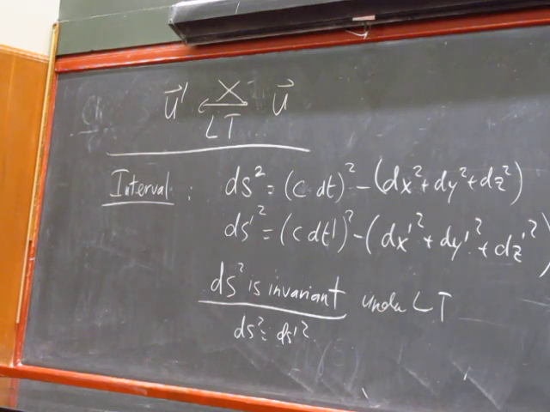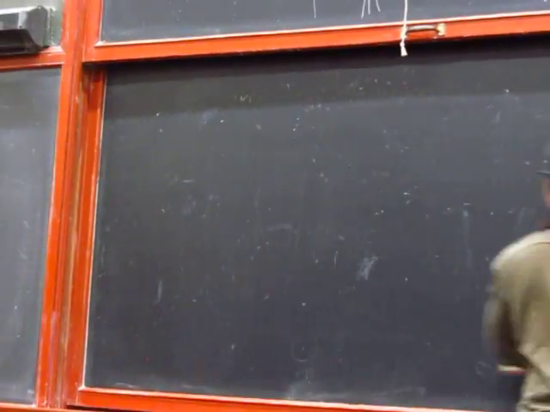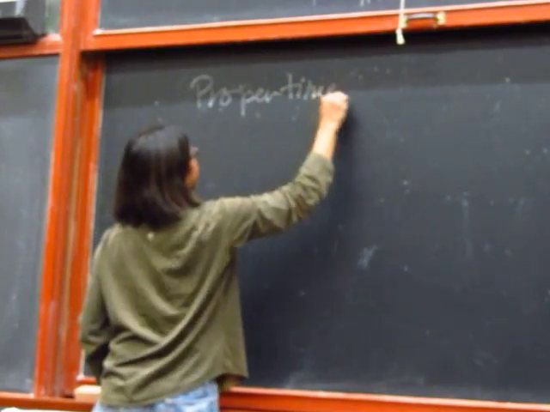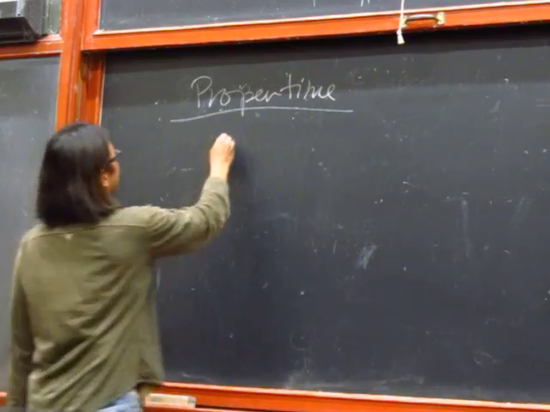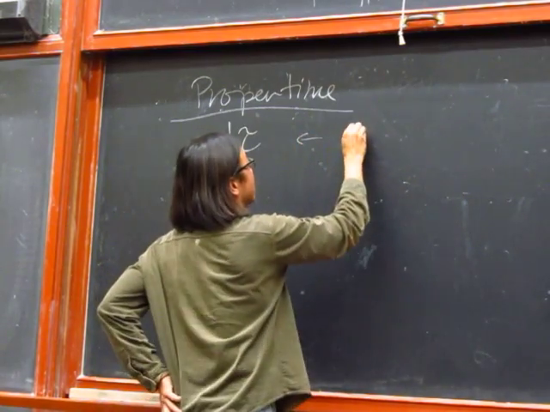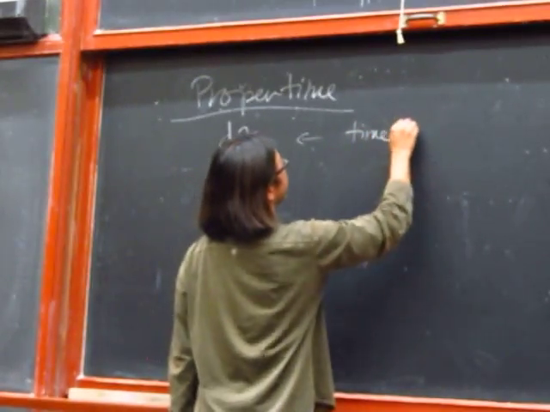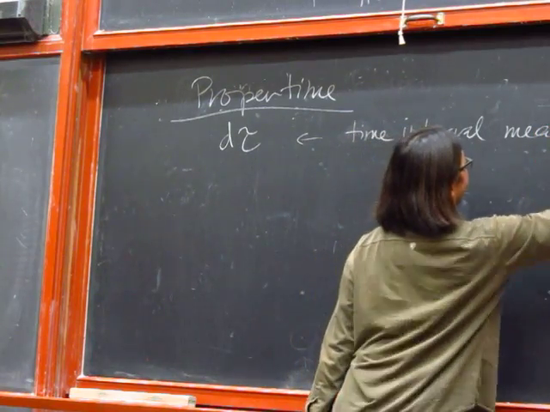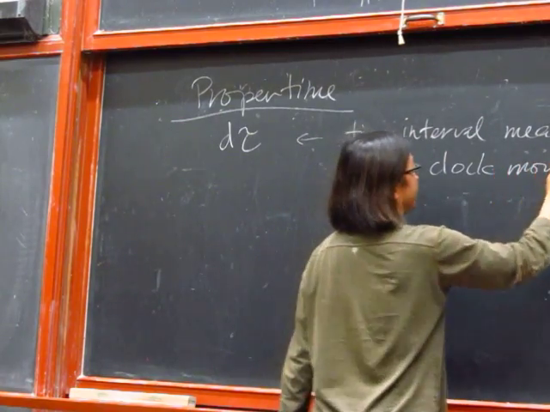This leads to the development of a new concept called proper time. Proper time tau is a time interval measured by a clock moving with a particle.